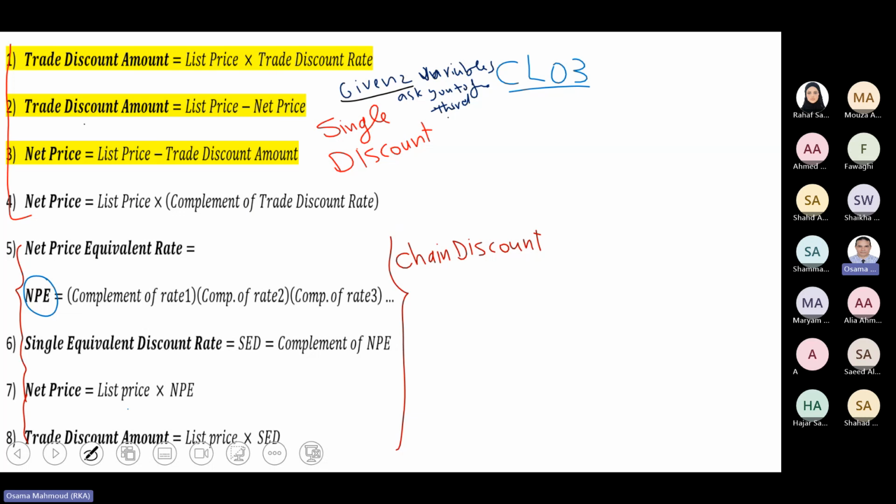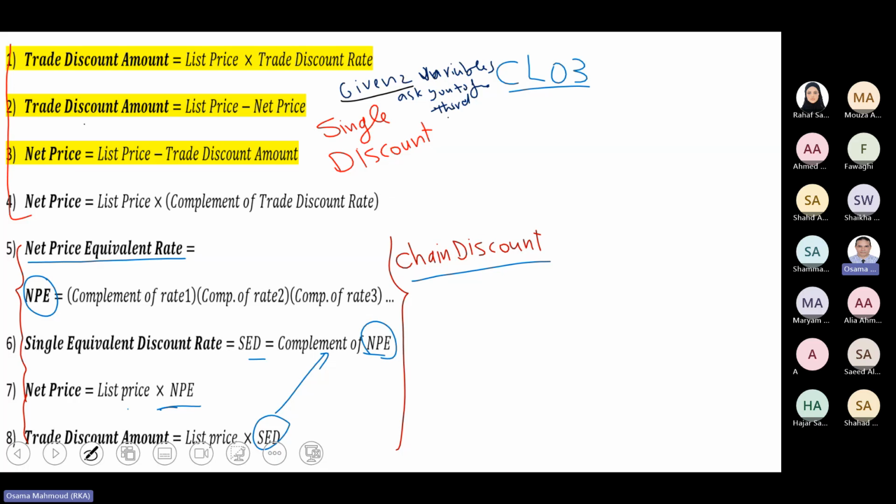Because formula number 5 for the chain discount is included everywhere. Look at this one, NPE, NPE. What is SED? SED is exactly the complement of NPE. So in the chain discount, you have to get the net price equivalent rate, even if he's not asking you. You cannot find the net price without NPE. You cannot find the single equivalent discount, SED, without NPE. You cannot find the trade discount amount without SED, which is calculated by the complement of NPE.